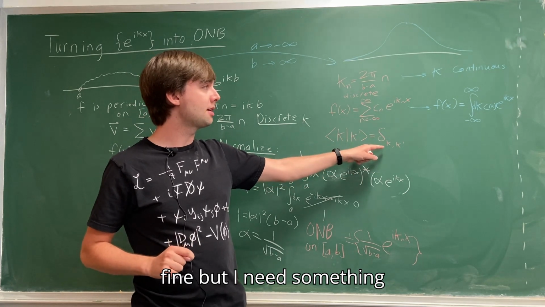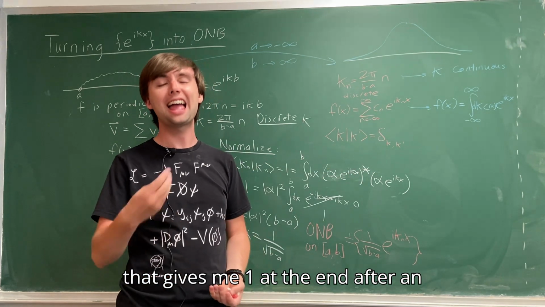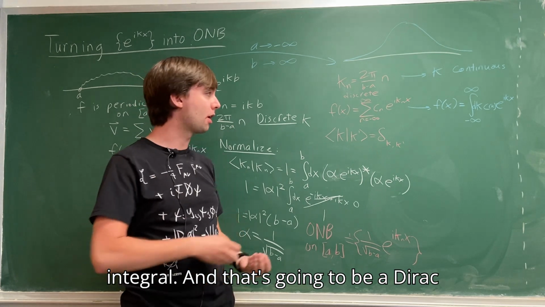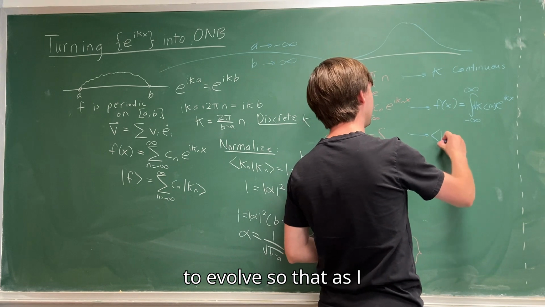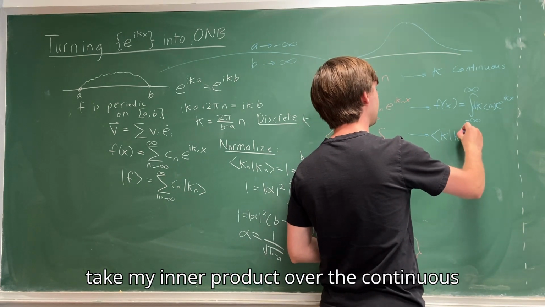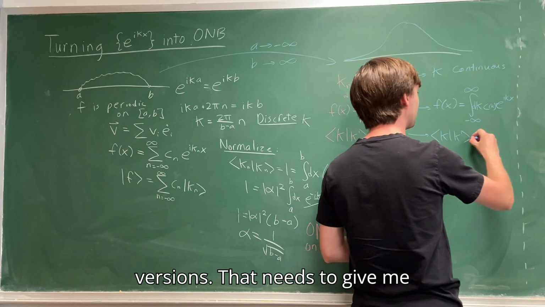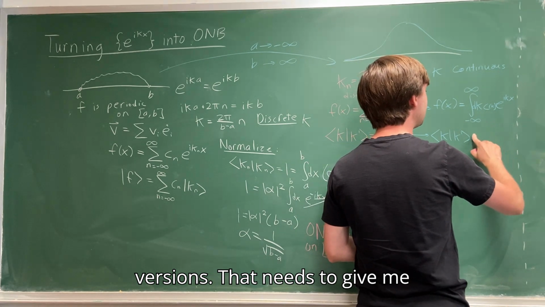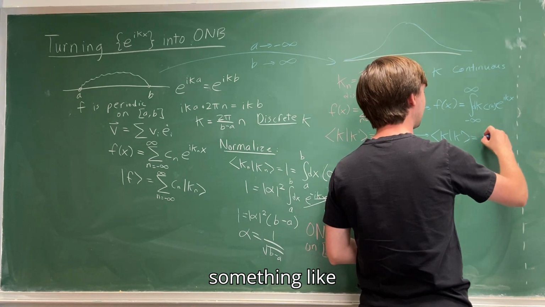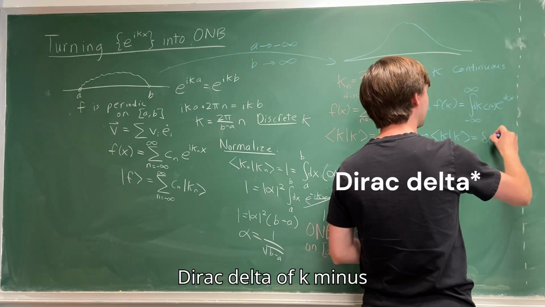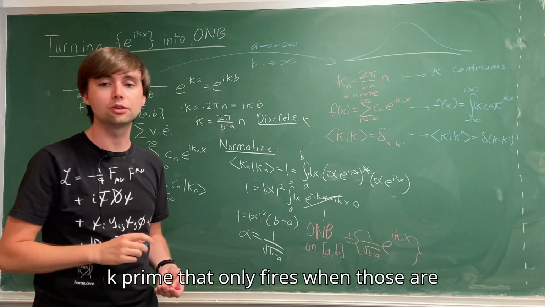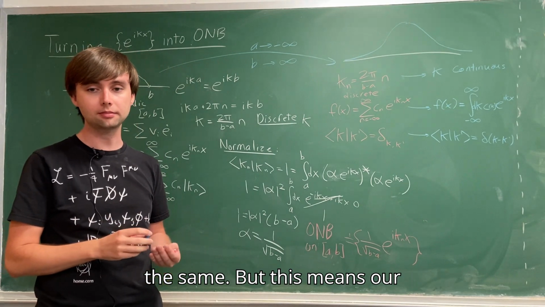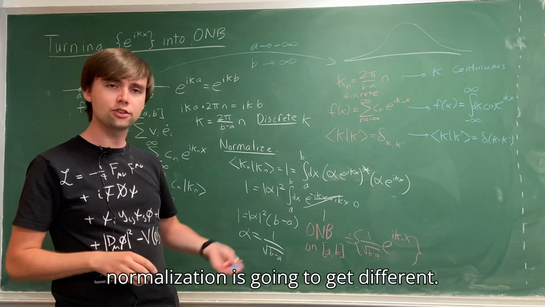But I need something that gives me 1 at the end after an integral. And that's going to be a Dirac delta function. So as I take my inner product over the continuous versions, that needs to give me something like a delta of k minus k prime that only fires when those are the same. But this means our normalization is going to get different.